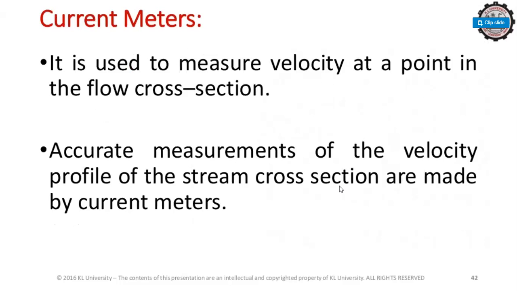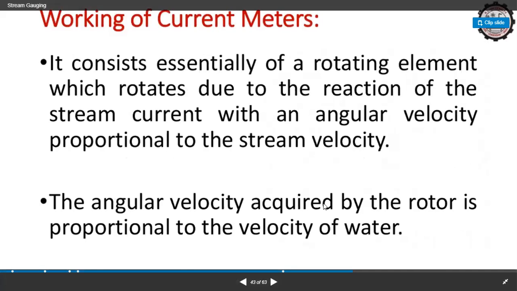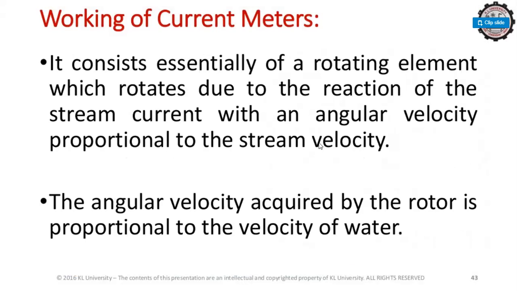Current meter. It is used to measure velocity at a point in the flow cross section. Accurate measurements of the velocity profile of the stream cross section are made by current meters. Working of current meters. It consists essentially of a rotating element which rotates due to the reaction of the stream current with an angular velocity proportional to the stream velocity.